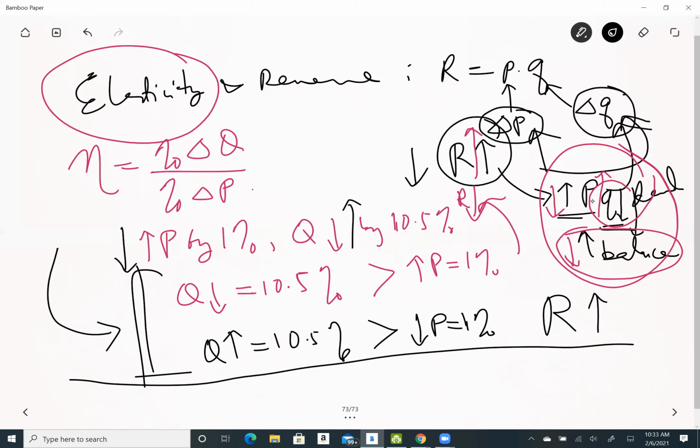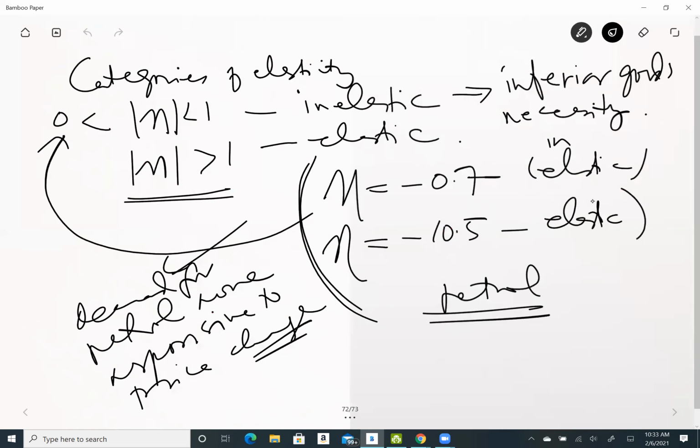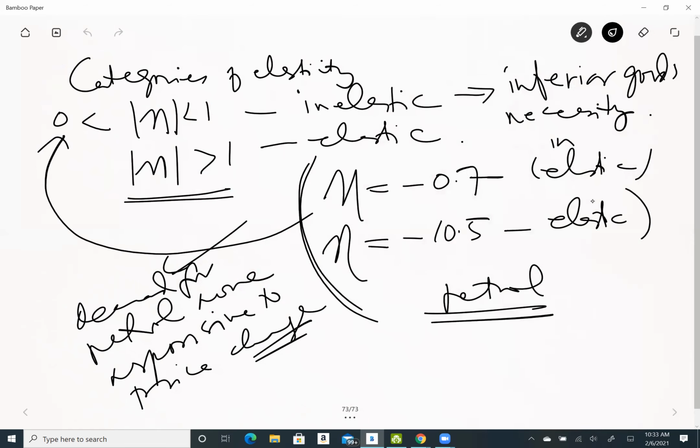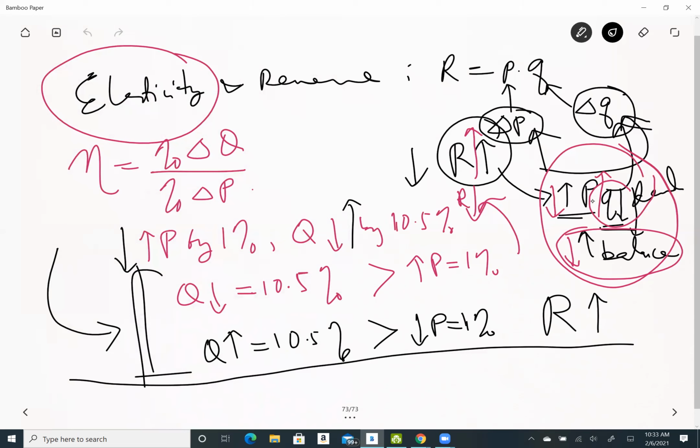Suppose the good here is rice. I think for us to look at it better, we reduce the value of the elasticity.